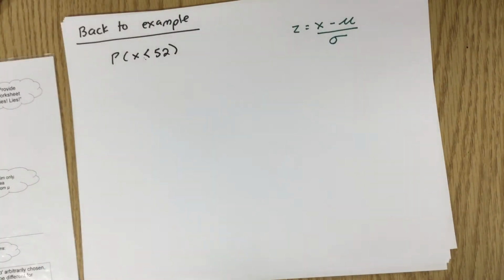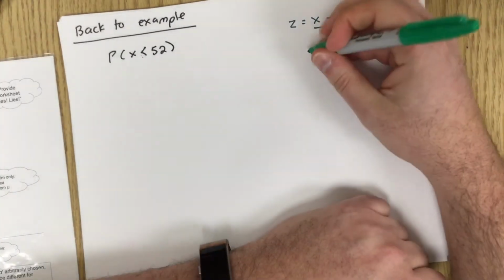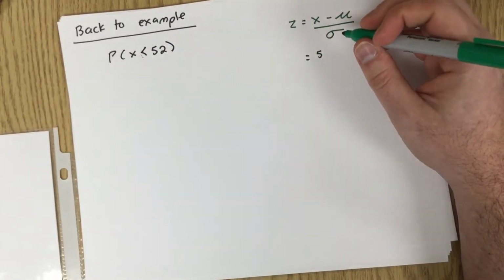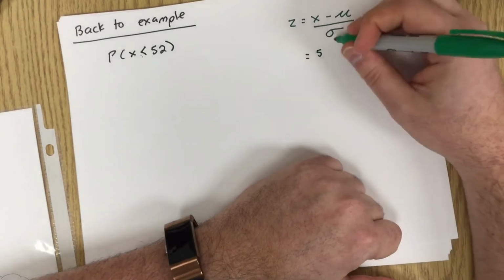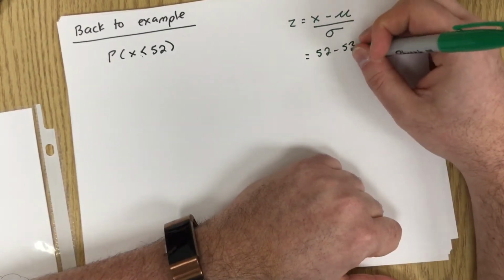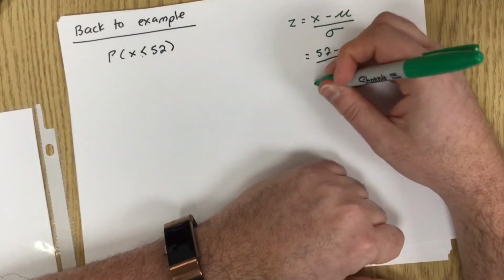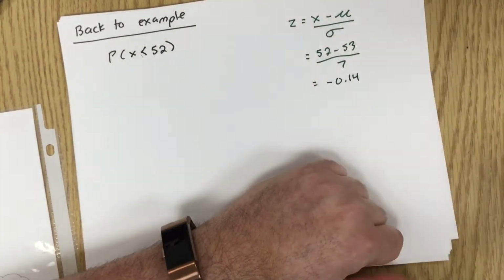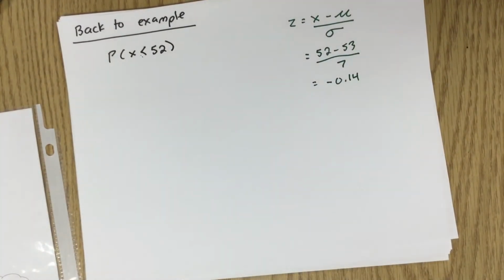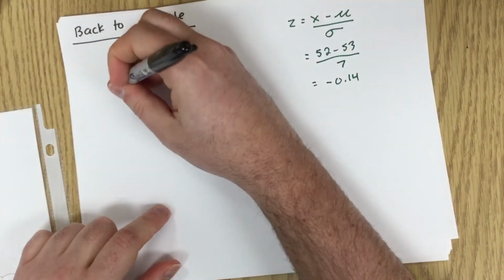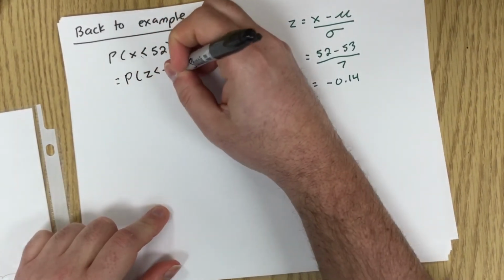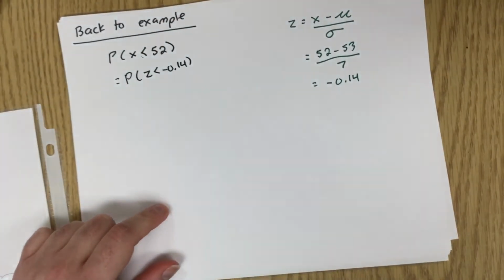Then we're going to have to do a z-score calculation. So that's going to be 52 minus our mean, 53, divided by 7, which is going to be negative 0.14. It's going to be 1 over 7, but negative. So this is equal to the probability that z is less than negative 0.14.